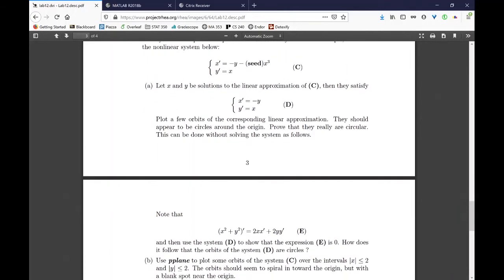Now for part A, let x and y be solutions to the linear approximation of C, then they satisfy this linear system D, and you can see that if we just take the linear terms in C, they match up. So plot a few orbits of the corresponding linear approximation, and they should appear to be circles around the origin, and prove that they really are circular. So first, let's just plot a few orbits.